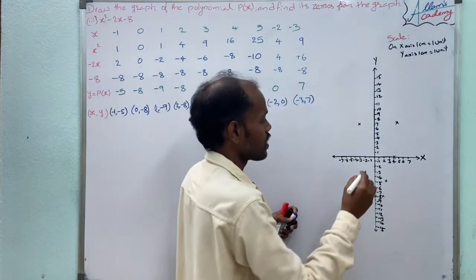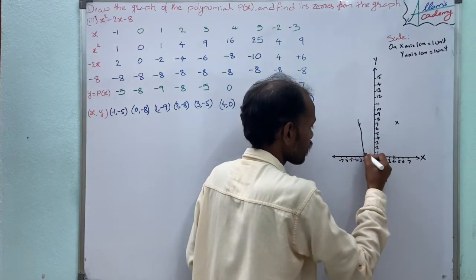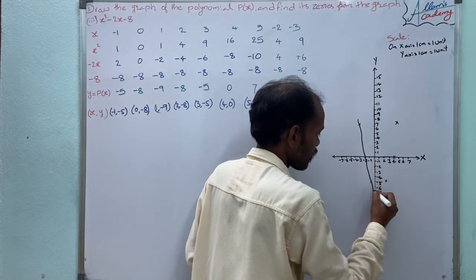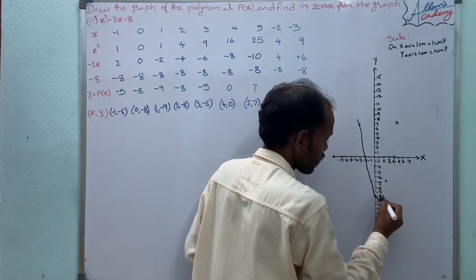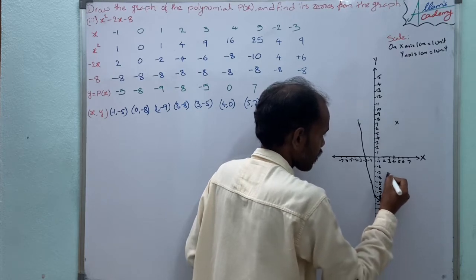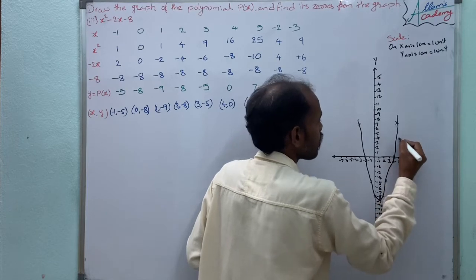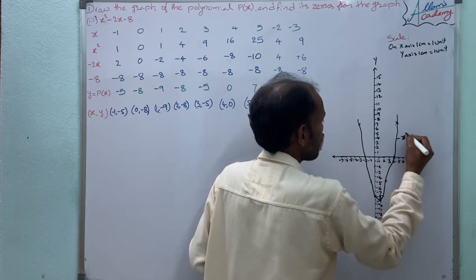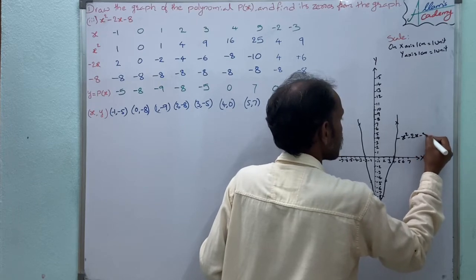Now if we join these points, it is the graph of x square minus 2x minus 8.